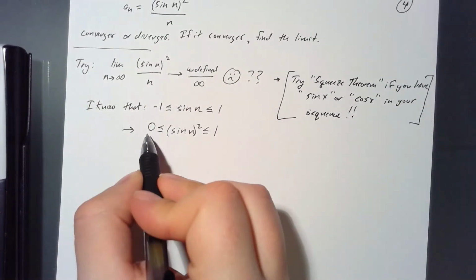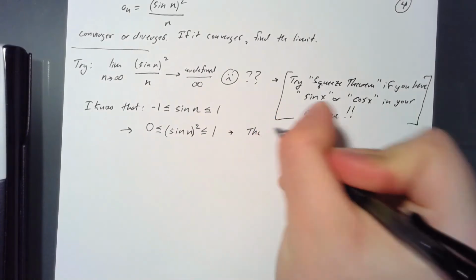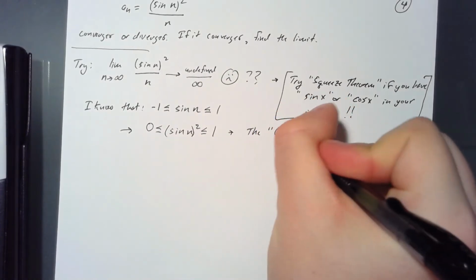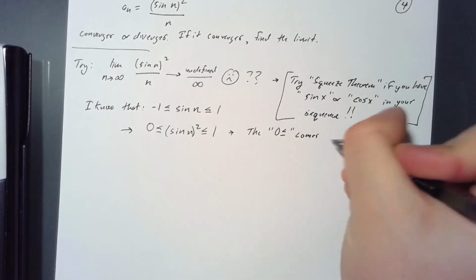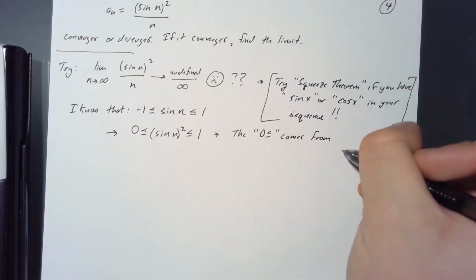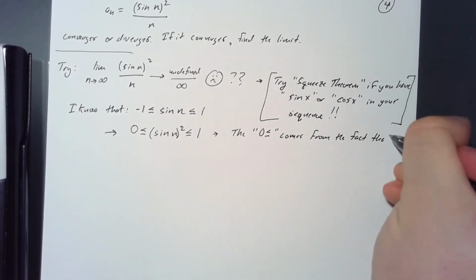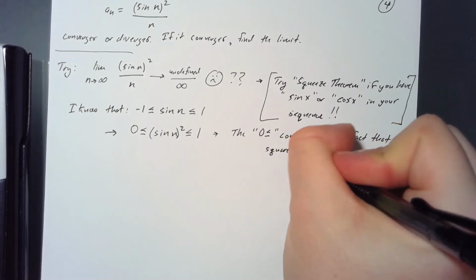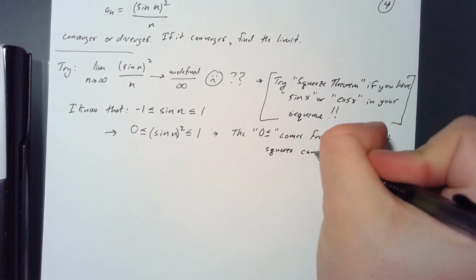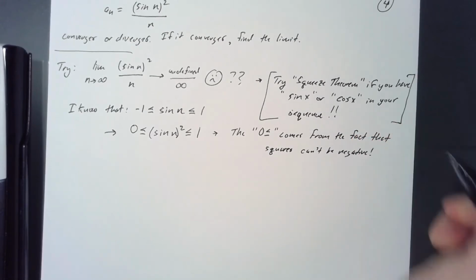This just comes from the fact that squares can't be negative. That's it.